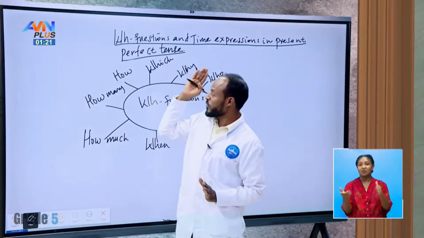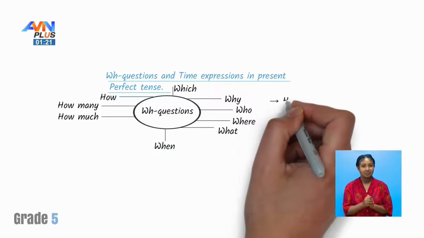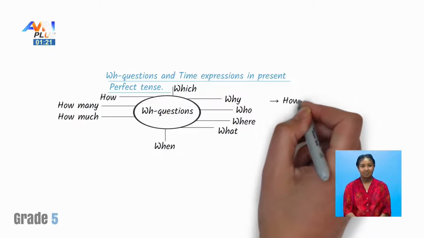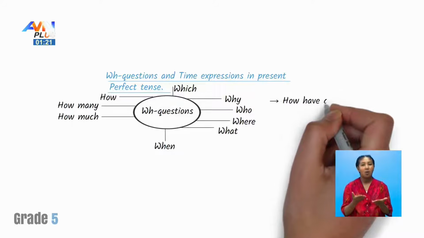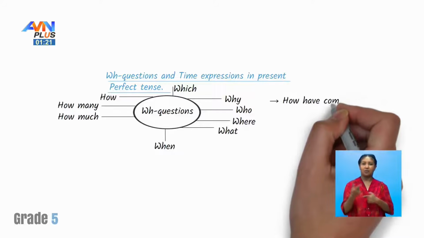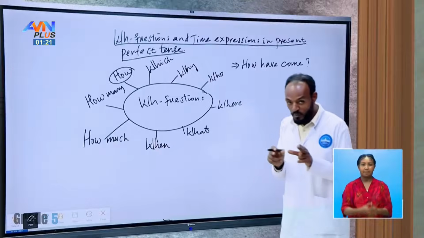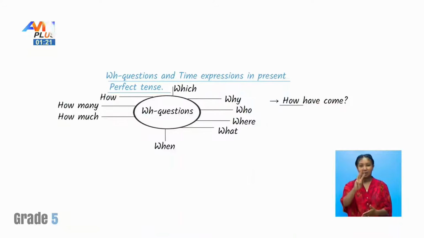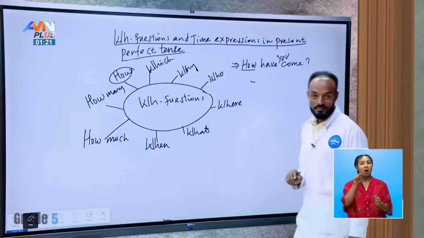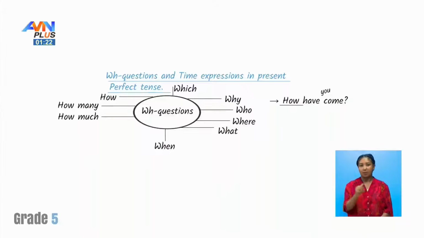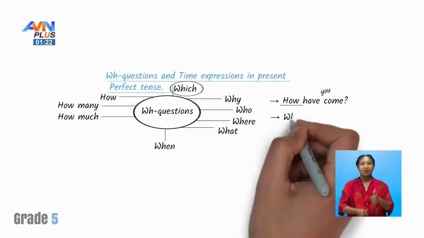So, for example, if you want to ask a question, how can we use it? May I give you an example here? How have you come? Bear it in your mind. Here is the WH question. How have you come? What about which? Which one?